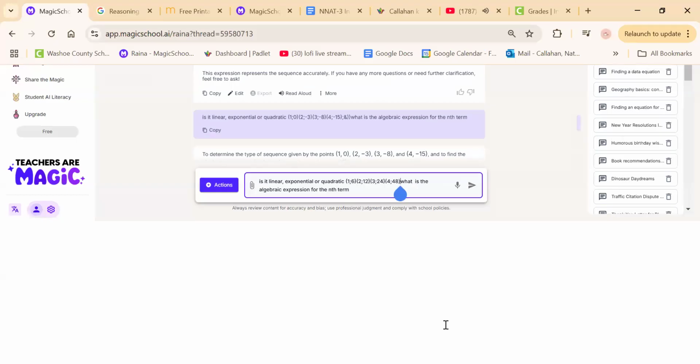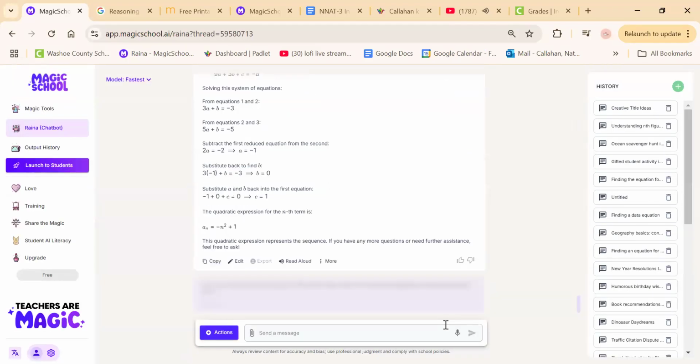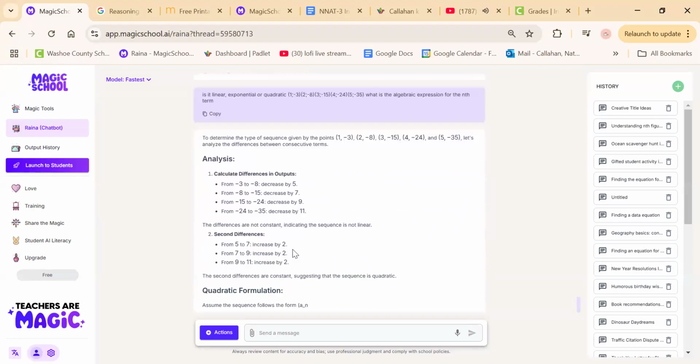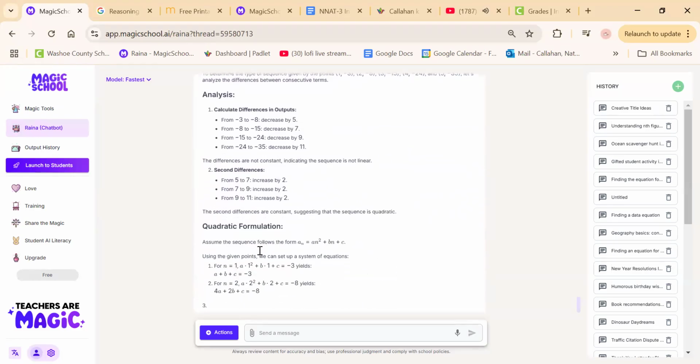Hold on, let me just go ahead and do this. 1 comma negative 3, and then 2 comma, okay, and 3 comma 15, and then 4 comma negative 24, and then 5 comma. So it's a quadratic formula. I already said that, correct?